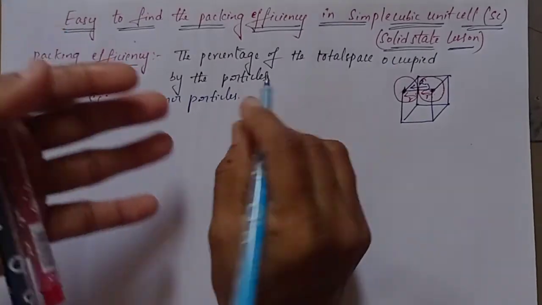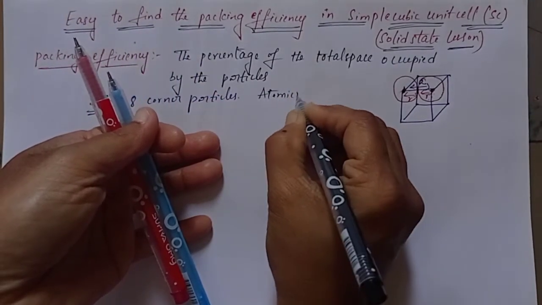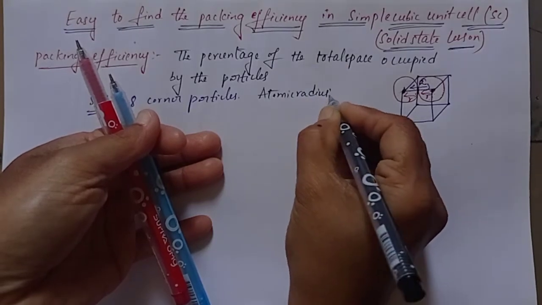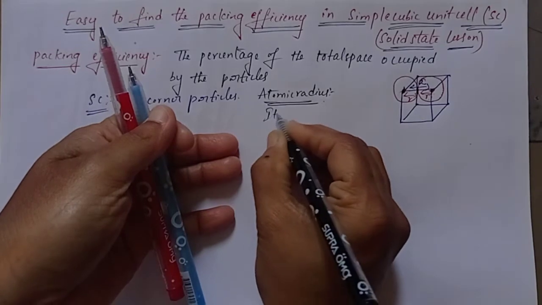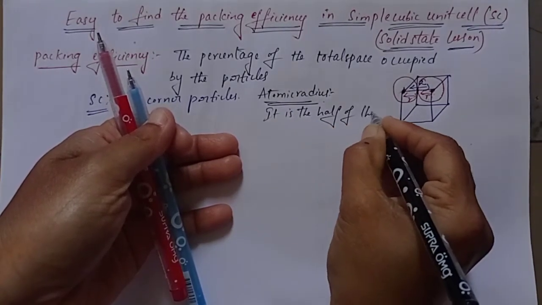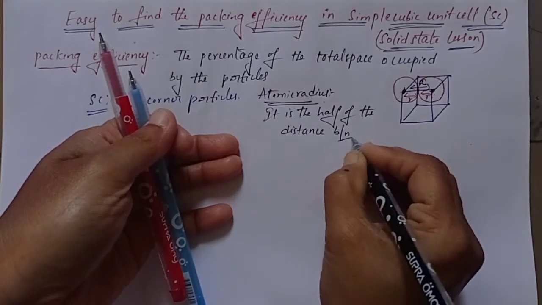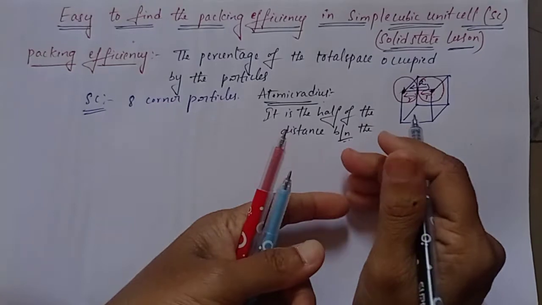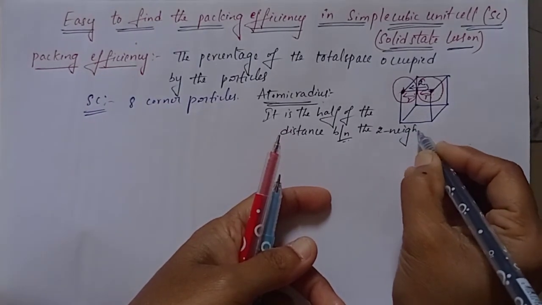Clear, students? What is atomic radius? Atomic radius means it is half of the distance between the two neighboring atoms, students.